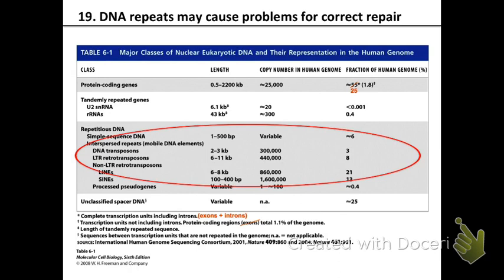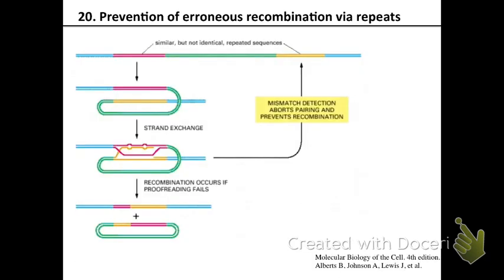So these repeats, if they're broken, can cause problems. What kind of problems can they cause? A lot of different things you can imagine. Here's just one example, okay? So imagine that there are two sequences that are repeated. These repeat sequences are not always exactly identical. They're sometimes a little different.